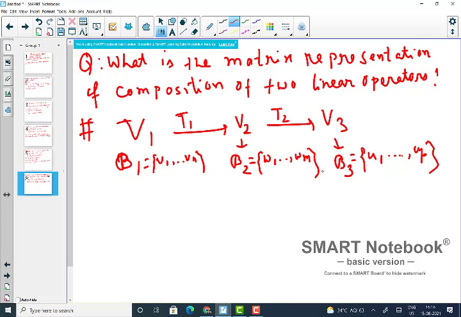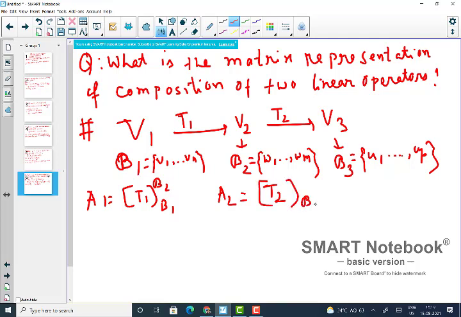Now the question is: if you know the matrix representation of T1 with respect to B1, B2, and of T2 with respect to B2, B3, can you say something about the composition? Let's see. Say A1 is the matrix of T1 with respect to B1 and B2, and A2 is the matrix representation of T2 with respect to B2 to B3.